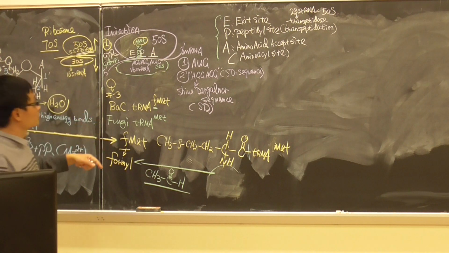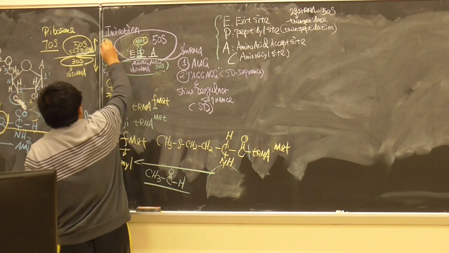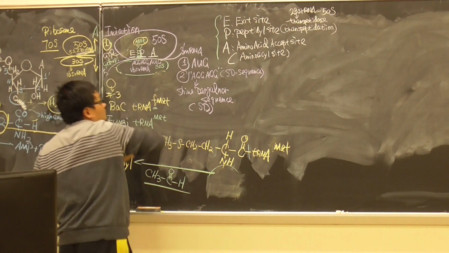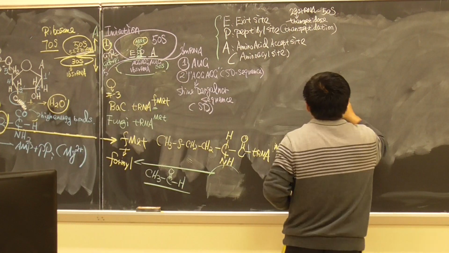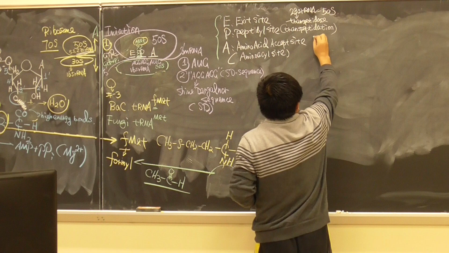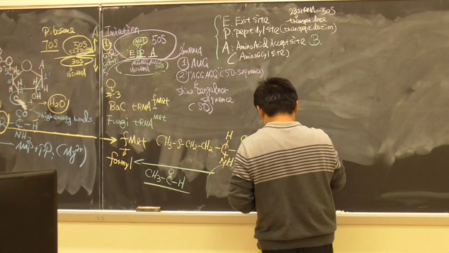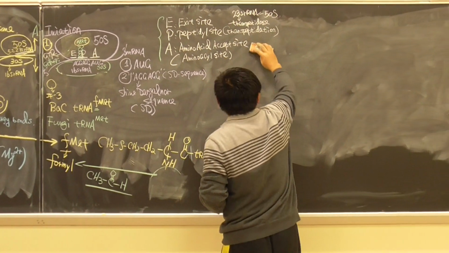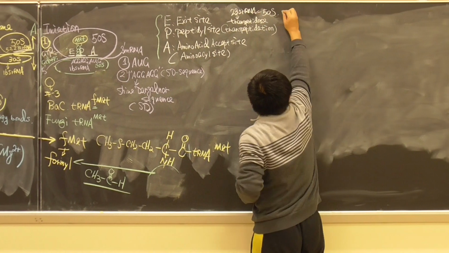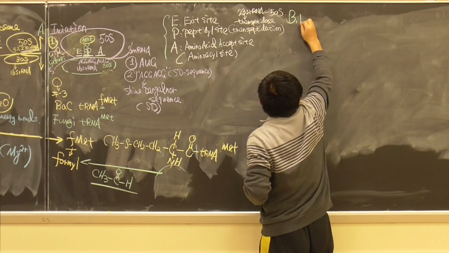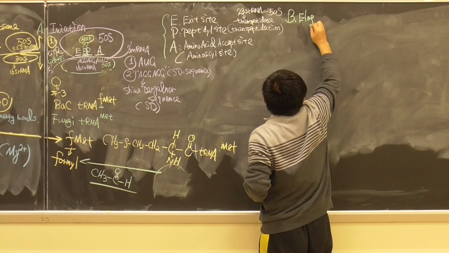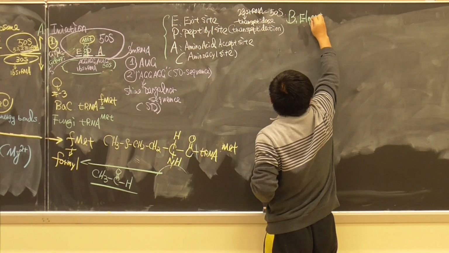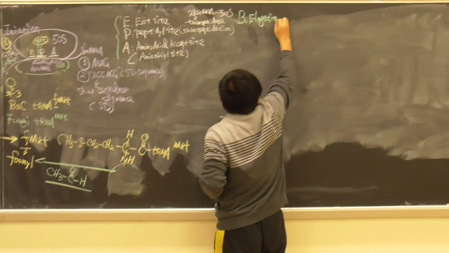So this is initiation. First thing, big A. Okay, second thing we want to talk about here, let's draw on the top, because I'm probably going to use the whole space. Elongation.